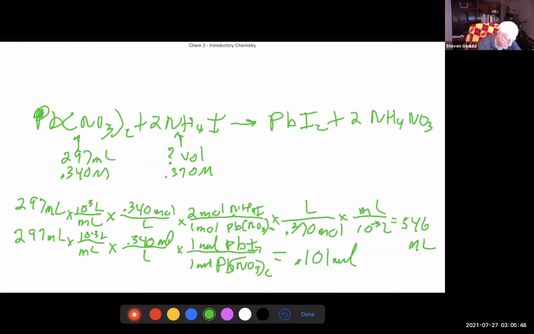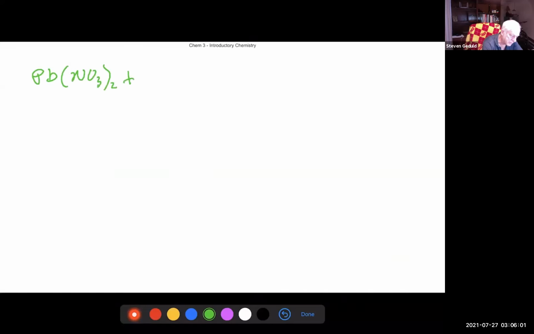All right, so we have lead nitrate, and we're adding a solution of sodium chloride to that until no more precipitate forms.